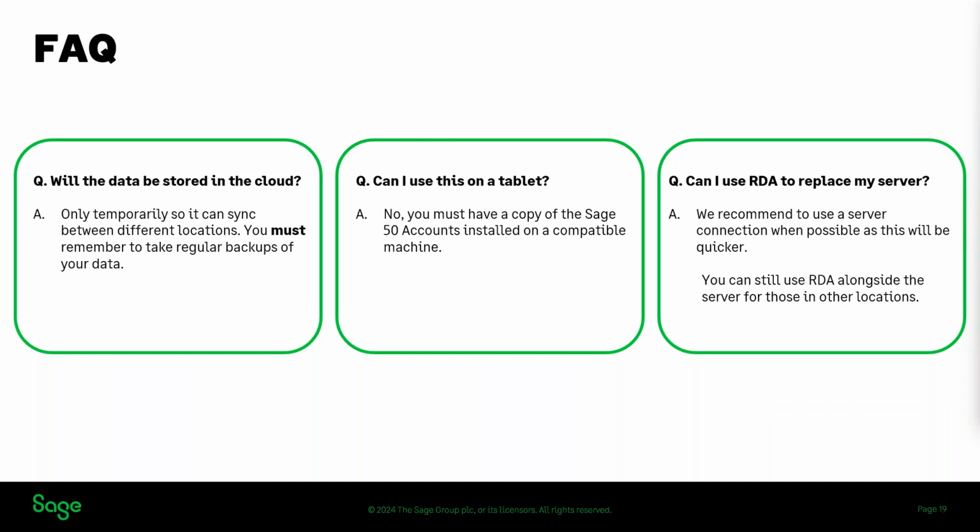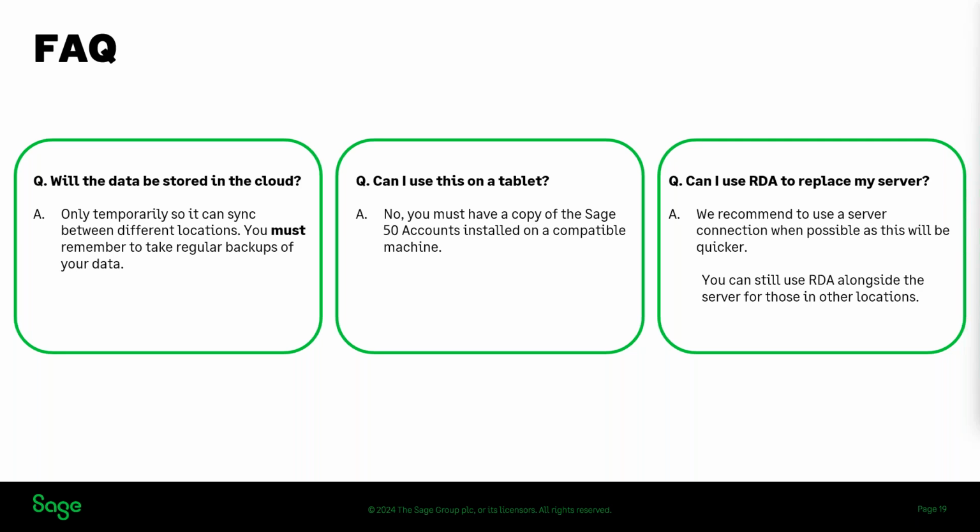Okay, so I have got some other frequently asked questions that I'll cover while we wait for any further questions to come through. Will the data be stored in the cloud? No, only temporarily, so it can sync between different locations. Another question: can I use this on a tablet?